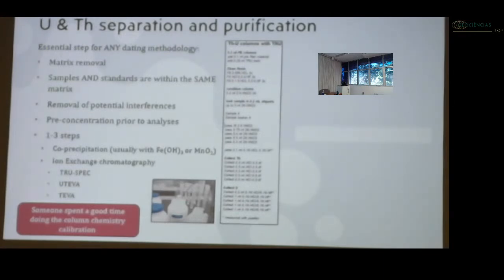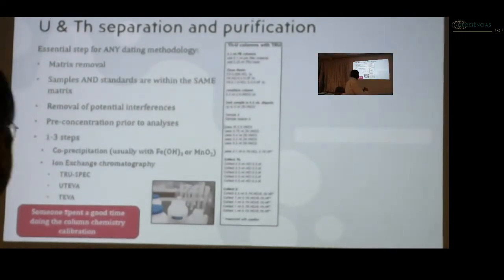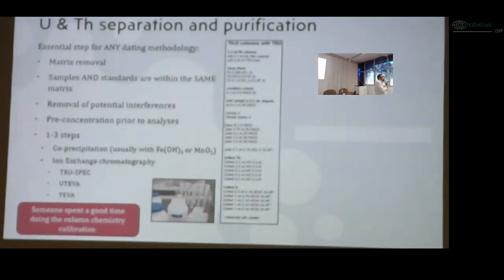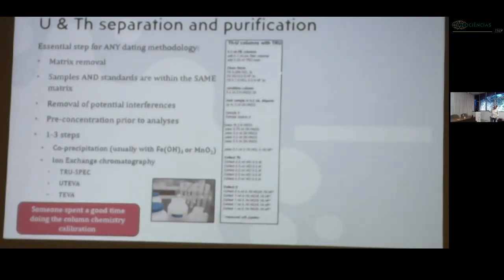Then this is redissolved, and using ion chromatography with different kinds of resins, we can get rid of the excess of iron, and then we can separate uranium and thorium following a procedure like this.